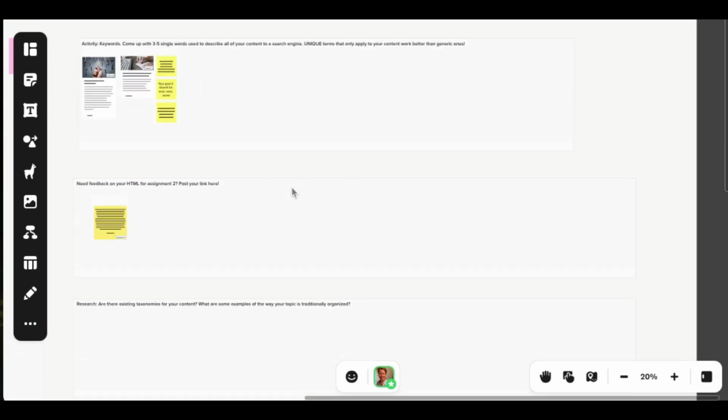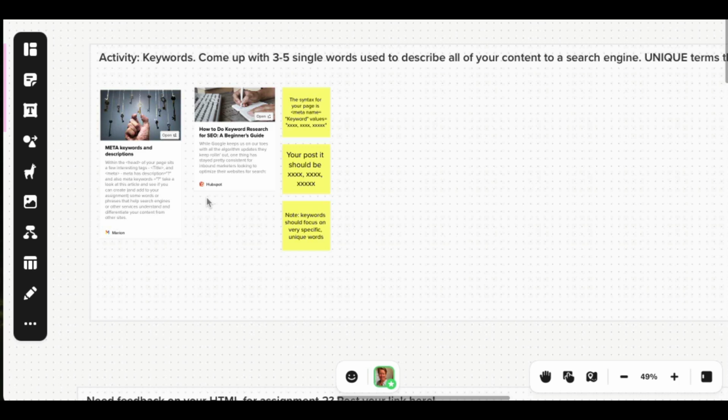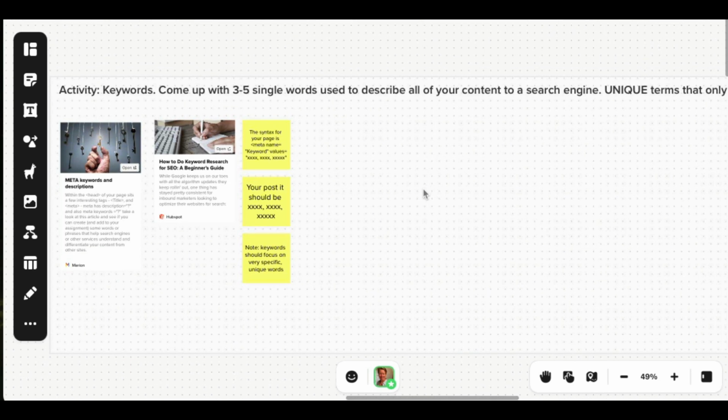I want to make sure, and I've hinted at it several weeks in the past, that the words you use are really important. There's a little exercise here about keywords. Now, keywords are unique words, and they're only one word. Let's make this clear. They're not phrases, they're one word that is unique to the world that you're in.